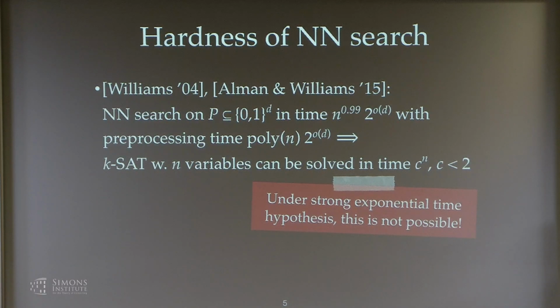So at least under this conjecture, we cannot hope to do anything really non-trivial. Or you could turn around and say, if we actually do something non-trivial, then we'll make progress in exponential time algorithms. So this is not just a theoretical thing.